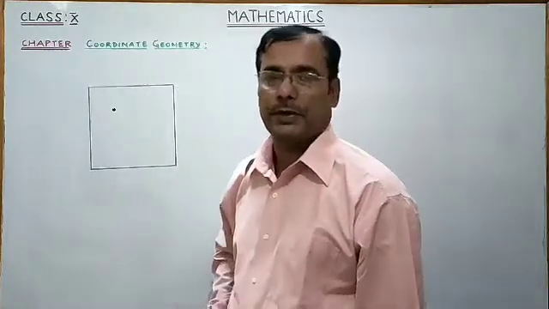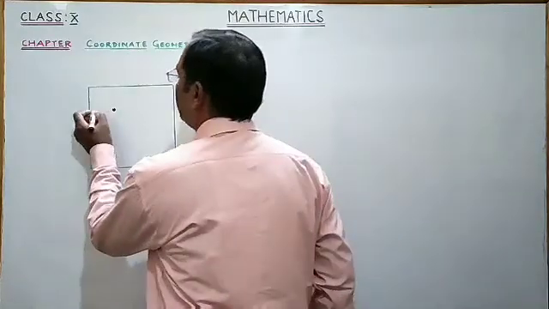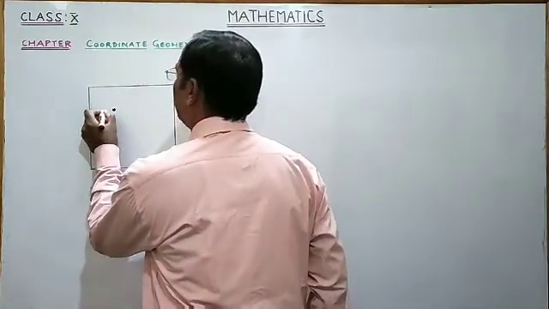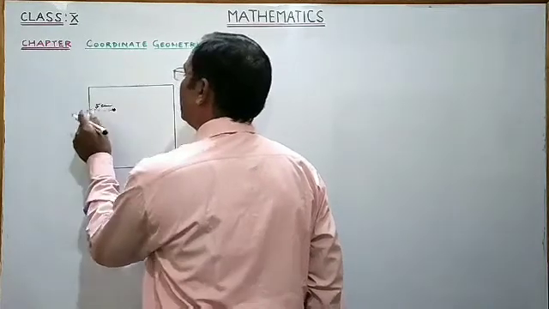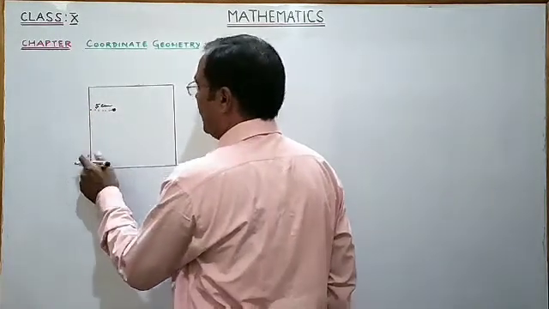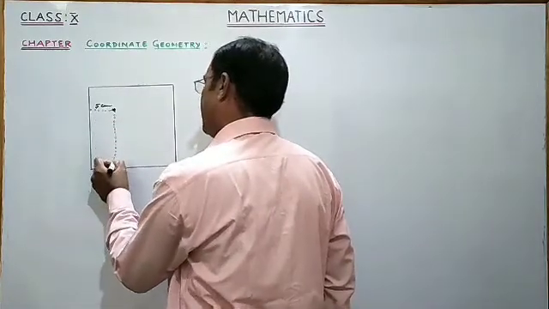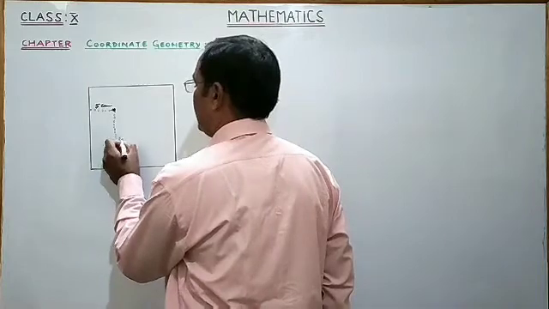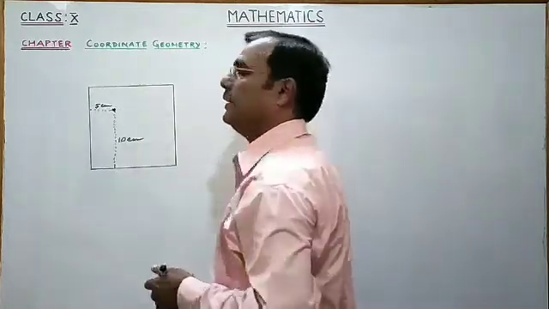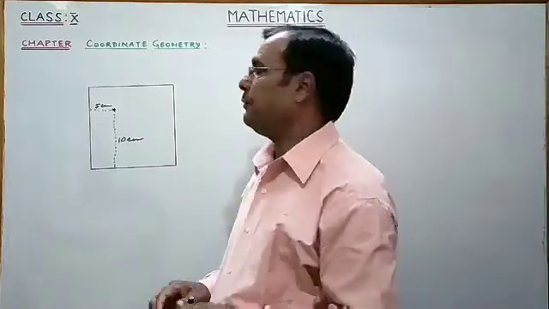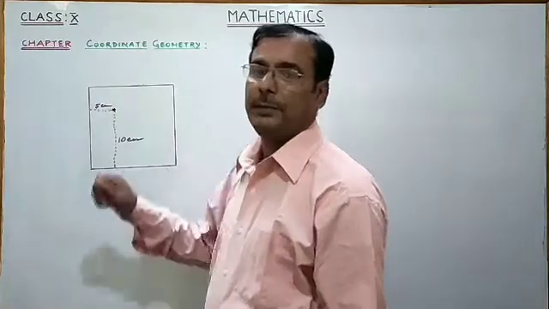But if you say that this dot is 5 centimeter away from the left edge of the paper and 10 centimeter from the bottom line of the paper, then it fixes the position of the dot on the paper.